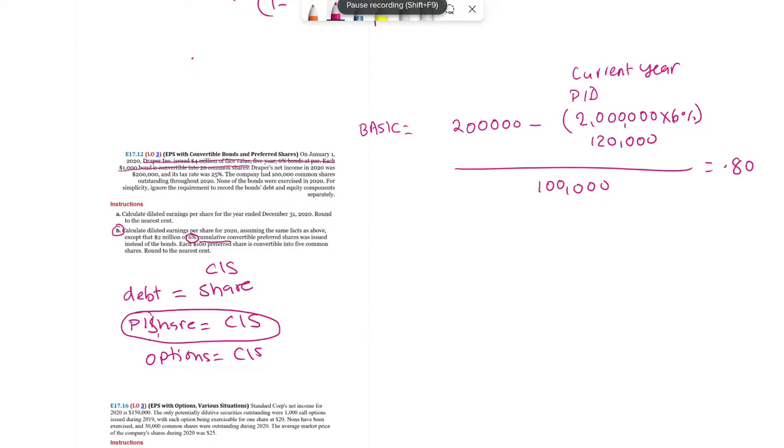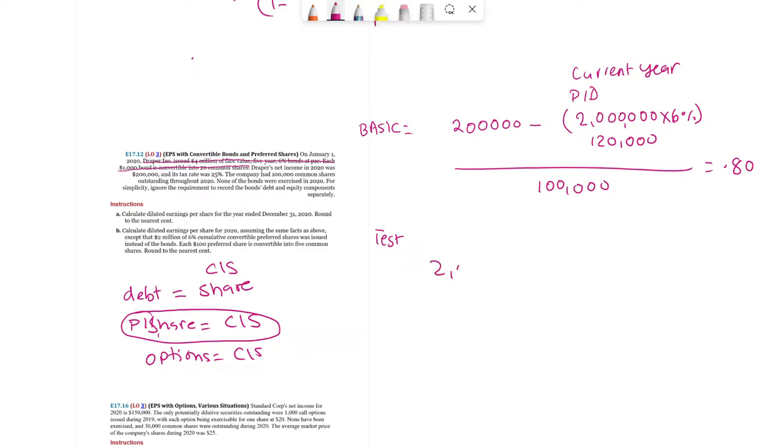So when we do that, we need to test it to see if they're diluted or anti-diluted. Again, in order to do the test, if these were converted into shares, we need to test it.